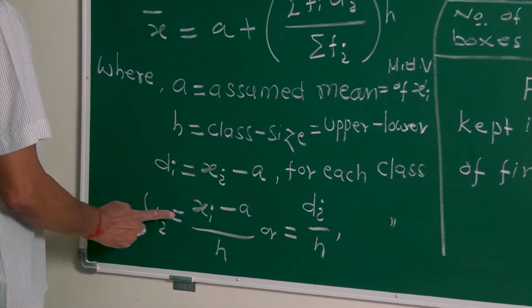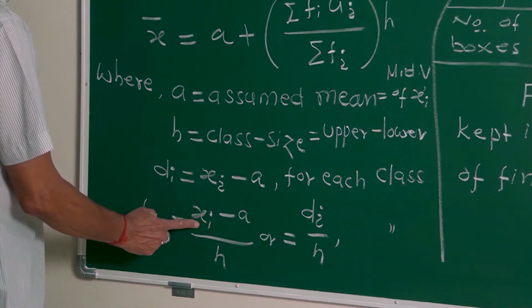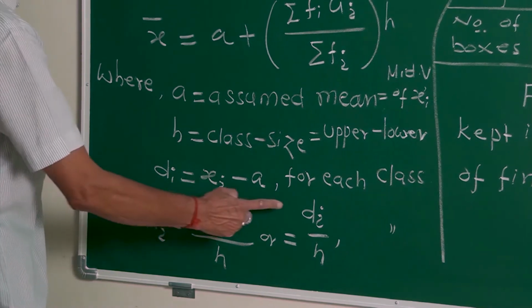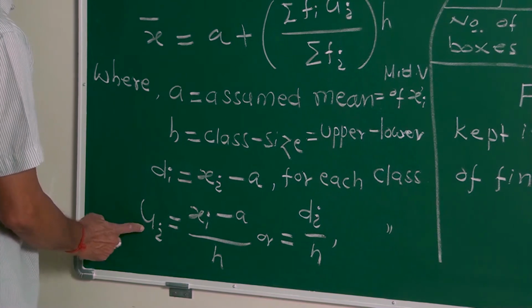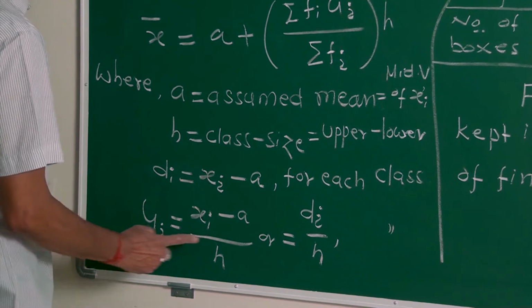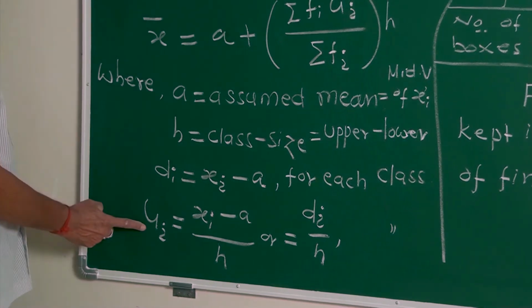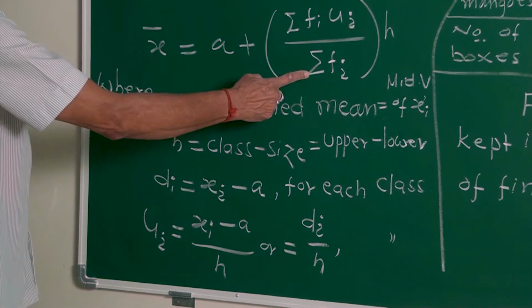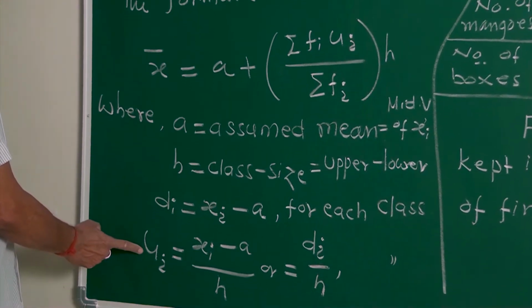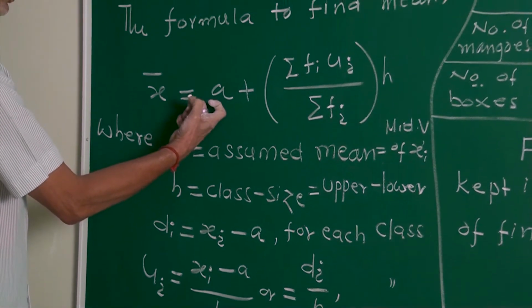What is ui? Xi minus a upon h. If you take xi minus a as di, then di upon h is ui. You have to find ui for each class. Then you go for sigma fi, sigma fi ui. Then to find x bar, use this formula.